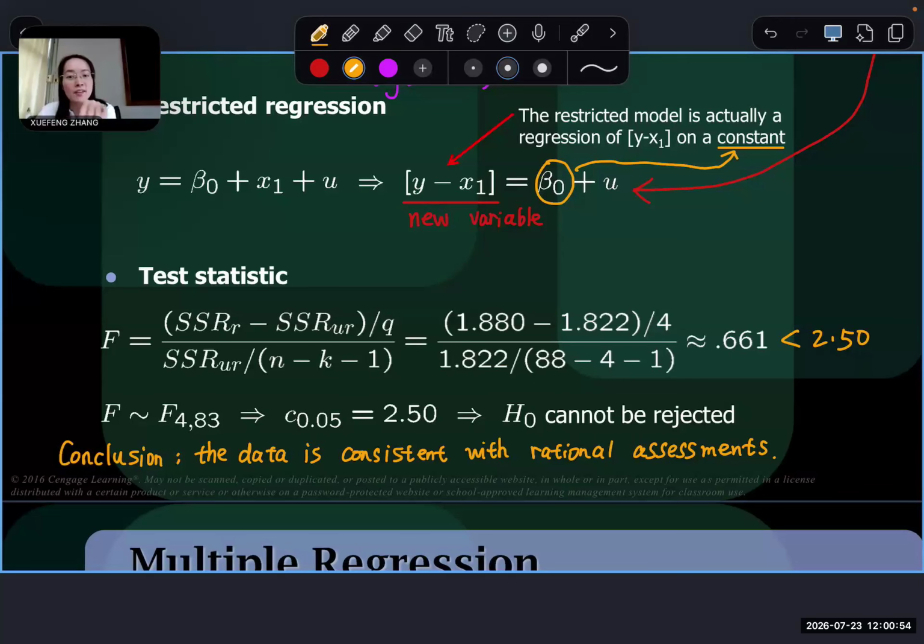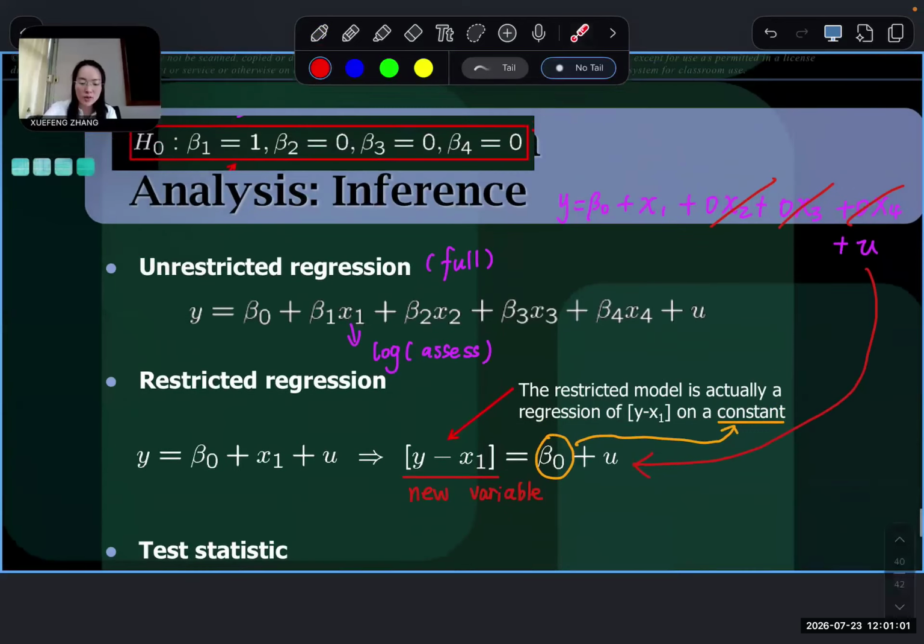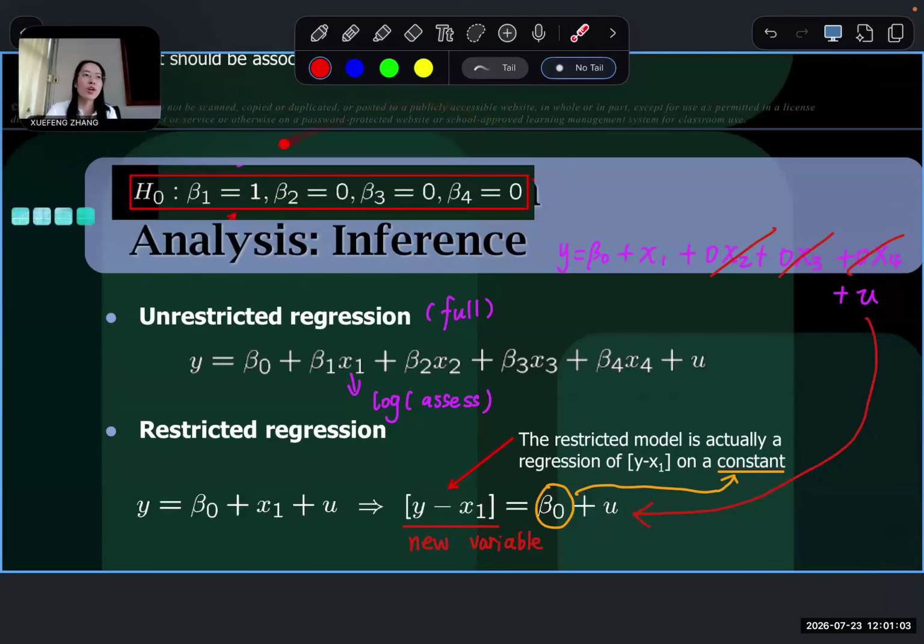We don't have evidence against beta 1 equal 1 and the others 0 jointly. We don't have evidence to reject our H0. Okay, we don't have.